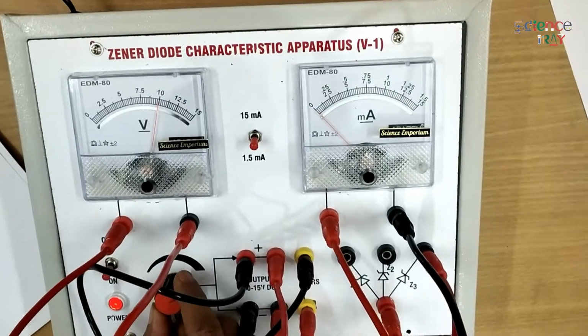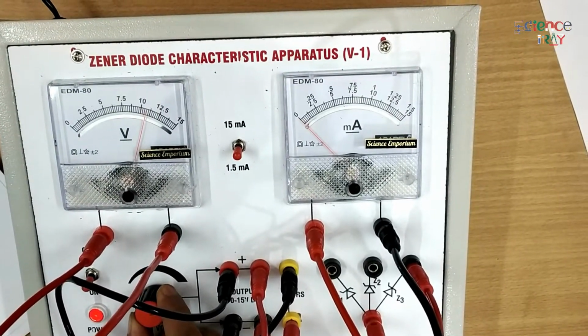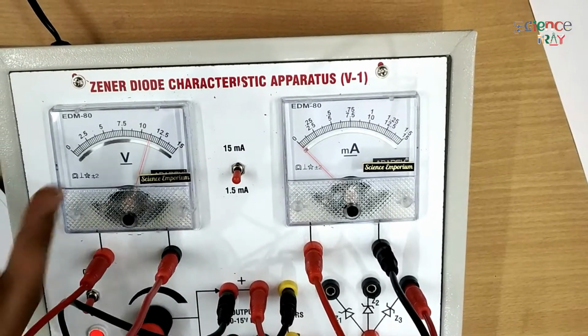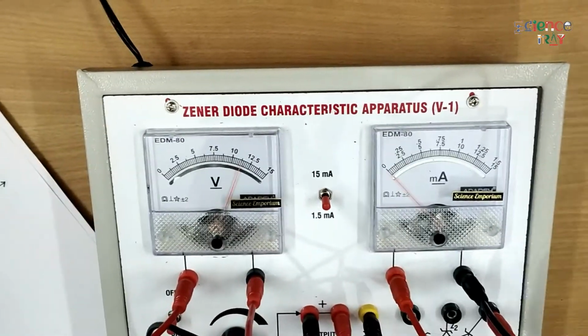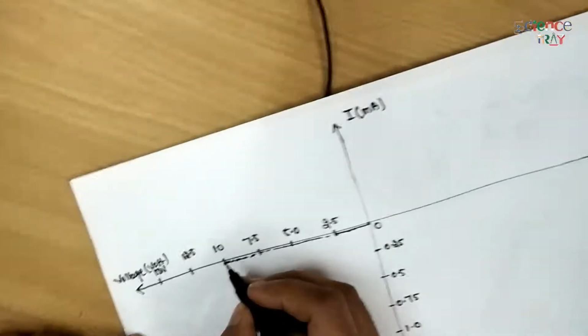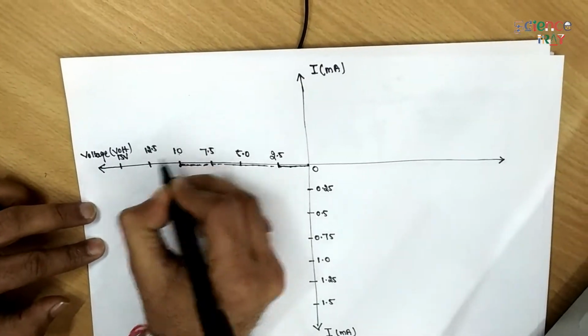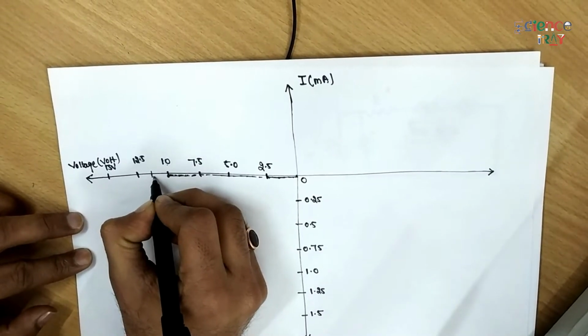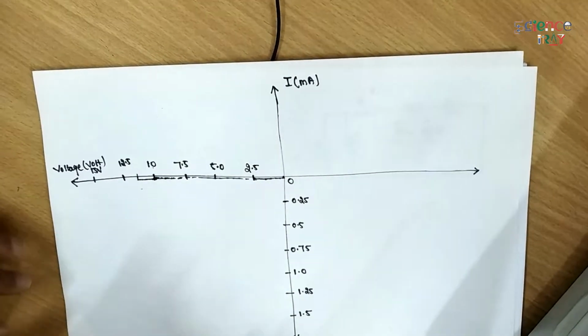Now we increase the voltage more, and this is the middle of 10 to 12.5. The current is the same, negligible.